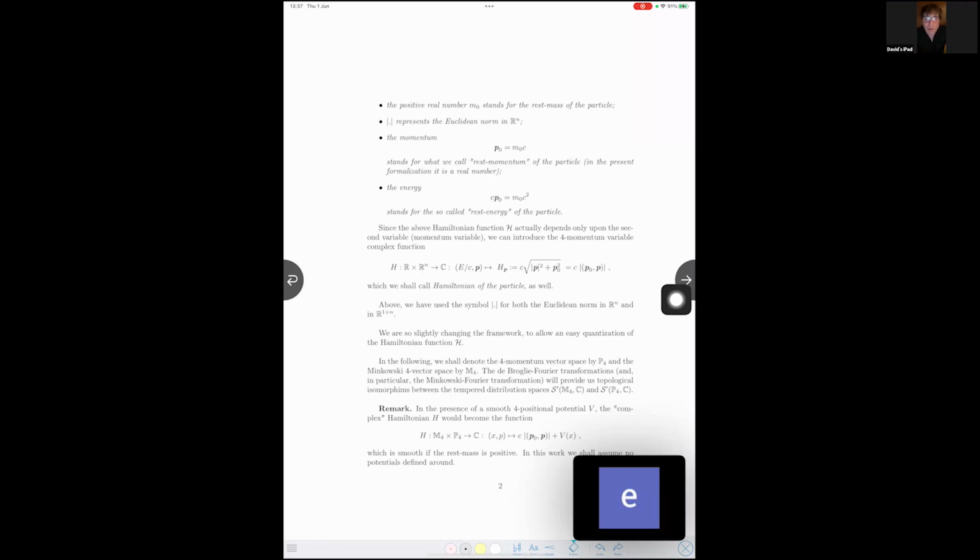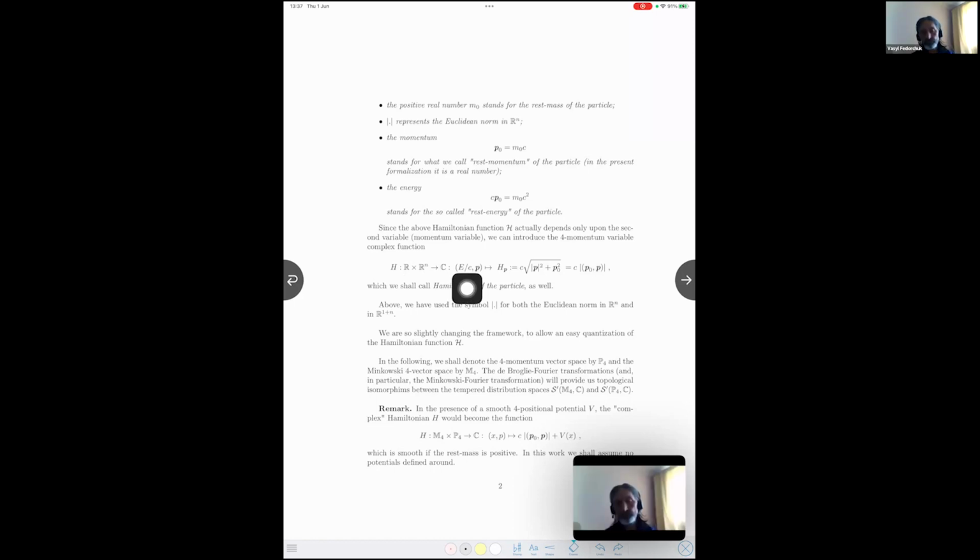These are only notations, and I want only to underline that we shall use this version of the Hamiltonian. So not anymore a Hamiltonian in the position-momentum space, but only in the four-momentum space, Einstein's four-momentum space.